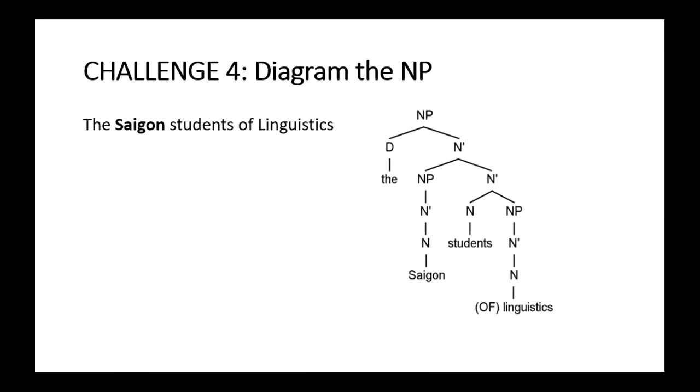Okay, so in this case, Saigon is a noun phrase and it's a modifier. So notice that you can have noun phrase modifiers on the left, pre-nominal modifiers that are noun phrases. So you would get the Saigon students of linguistics, and of course the "of" is inserted in this case. If we have a modifier from Saigon on the right, you would have a PP.